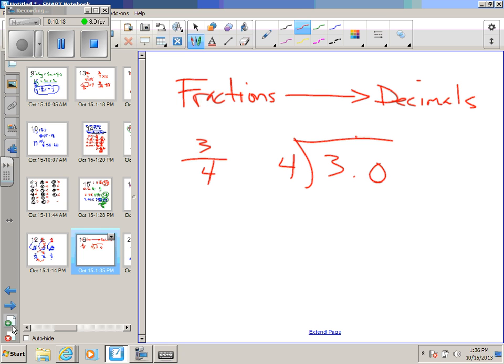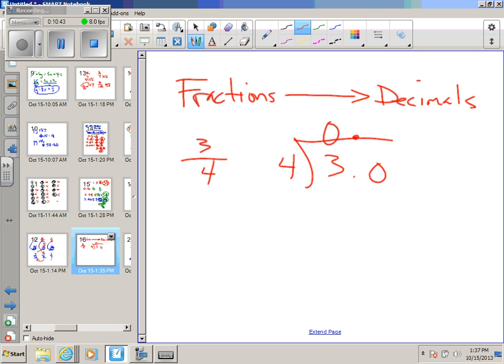How do you know you've got the right number in the right place? Think about it. 3/4, as it stands right there, does that give you a value that is less than 1 whole or greater than 1 whole? Less. How do you know? Because your numerator is smaller than your denominator. So if you start dividing and you start right away with a 0, what's left is going to give you a value that's less than 1 whole.